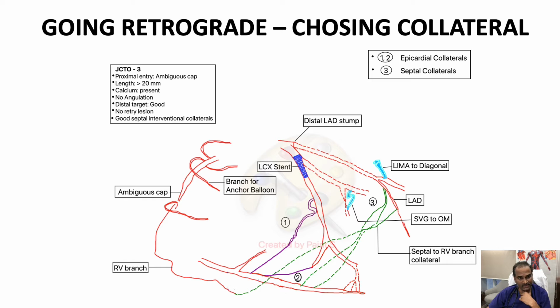Having said that, in a post CABG scenario, using a posterior AV groove collateral is a very dangerous thing if you perforate, because you have to maintain a very low threshold to embolize this artery if you perforate. Otherwise, it may cause LA tamponade. So we took this. My first choice was this, followed by this second choice, and third choice is septal collateral.